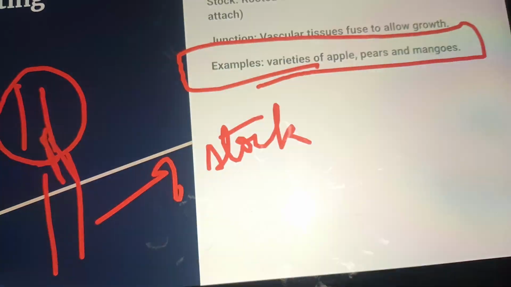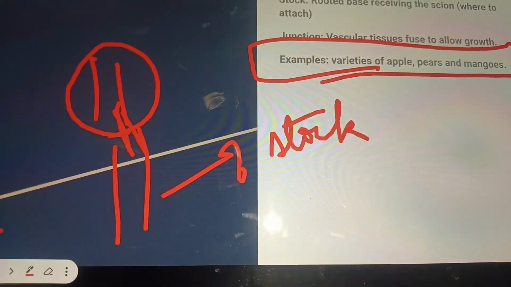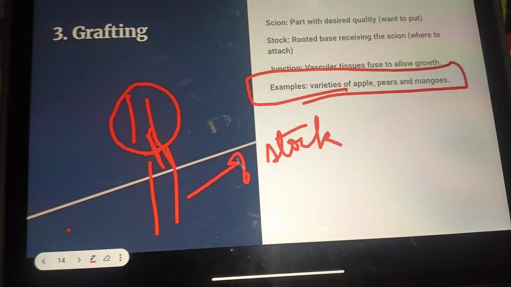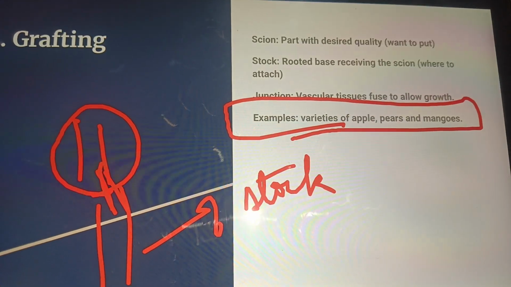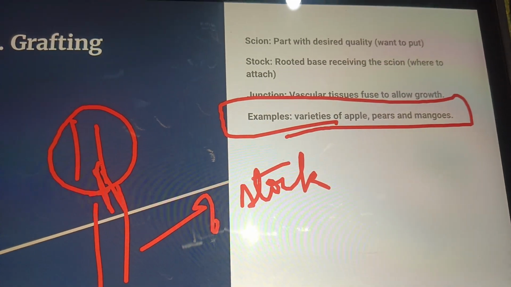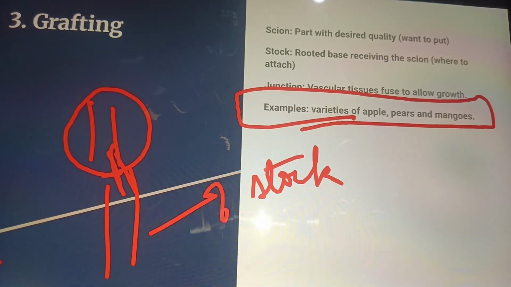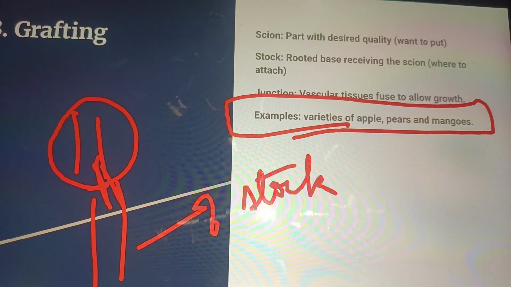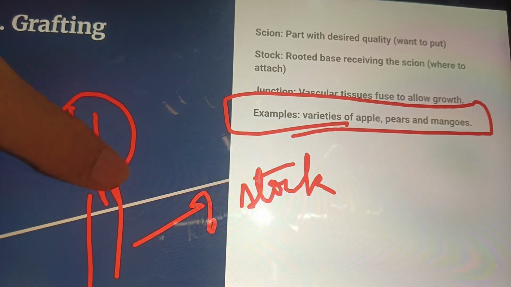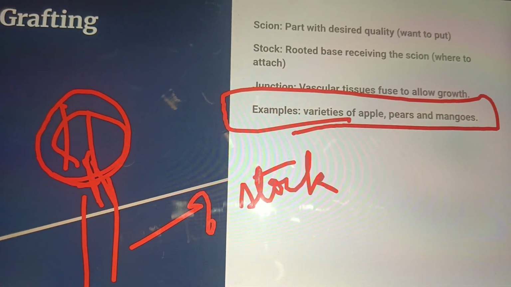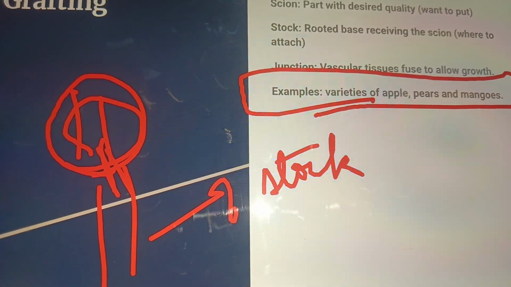The next is grafting. I always told you there are three terms you can remember: scion, stock, and junction. Scion means the part with the desired quality, what you want to put. Stock means where to attach the scion.